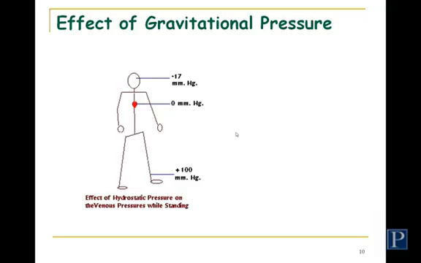Now, if we talk about arterial pressures, we would have to add the pressures in response to the pump. We have to add hydraulic pressure with hydrostatic pressure. So arterial pressure at the feet would be like 190 millimeters of mercury, because you've got the pressure created by the heart, but also the pressure created by gravitational pull.